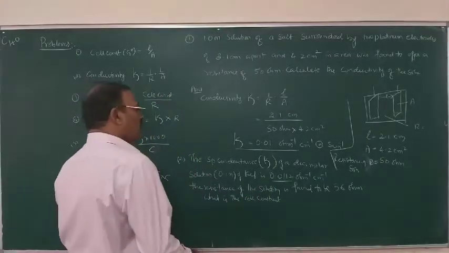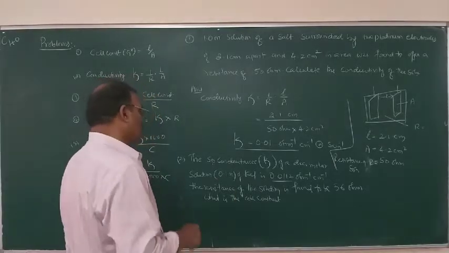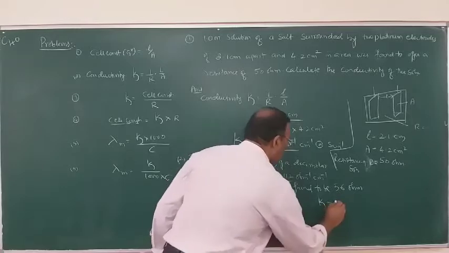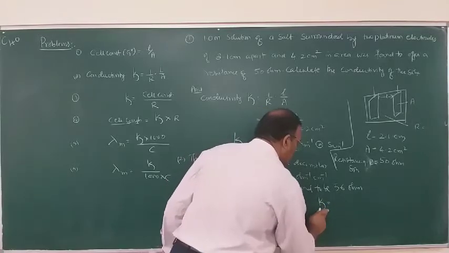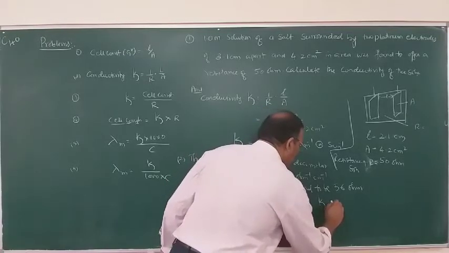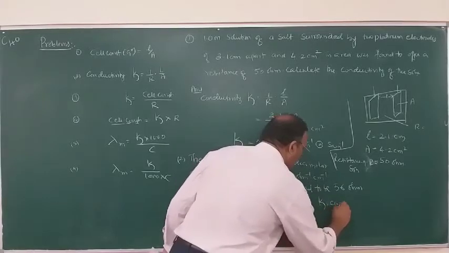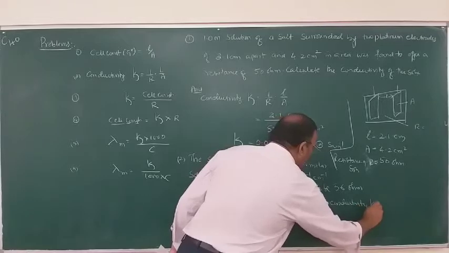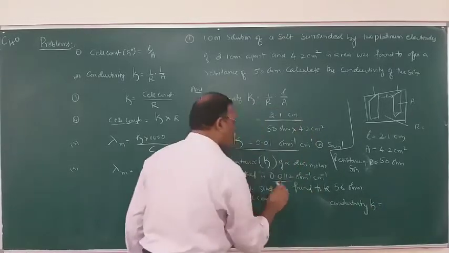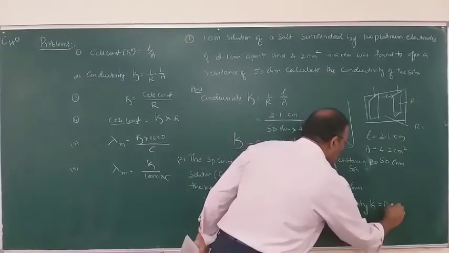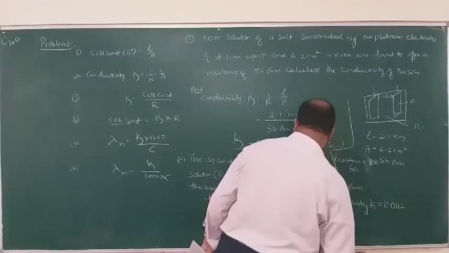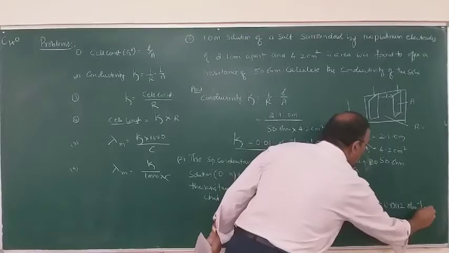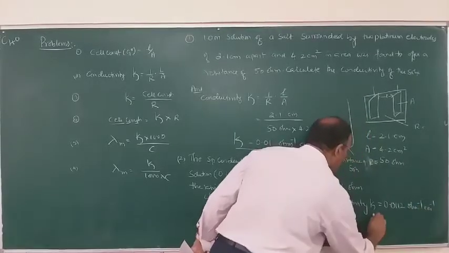So, here kappa is given, resistance is given. Kappa equals conductivity, 0.0112 ohm minus 1 centimeter minus 1.